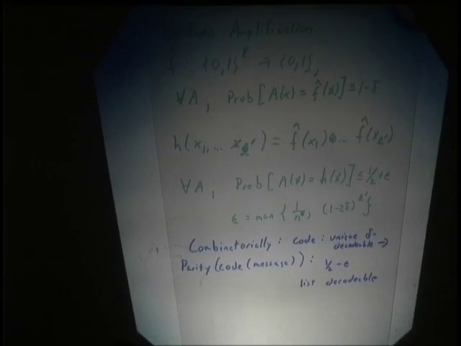If the original code is uniquely decodable from distance delta, this new code will be list decodable from distance a half minus epsilon, where epsilon and delta have the same relationship as in the hardness argument.